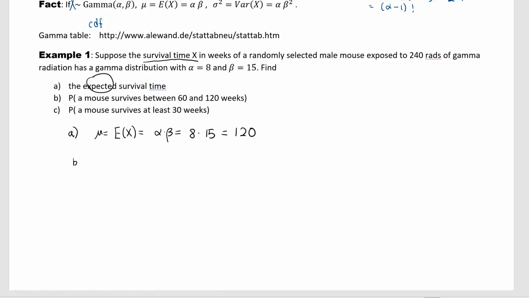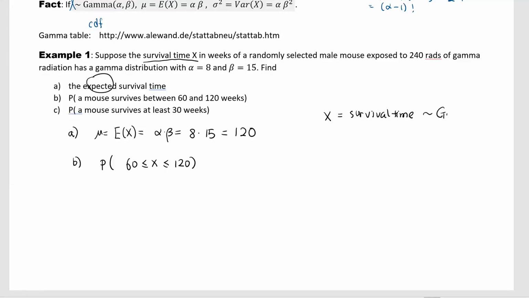Okay, and then part B. A mouse survives between 60 and 120 weeks. Notice that here, x is the survival time, which is a continuous random variable.